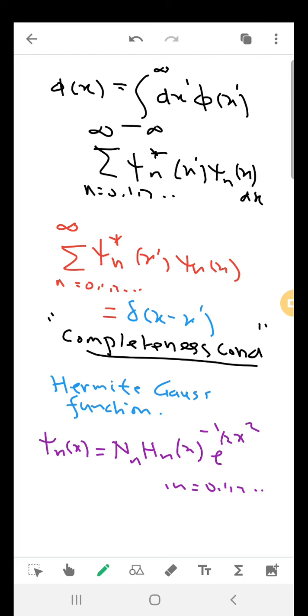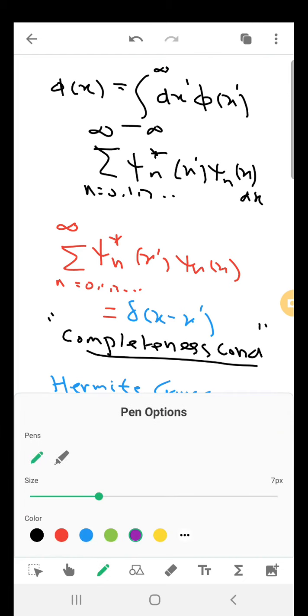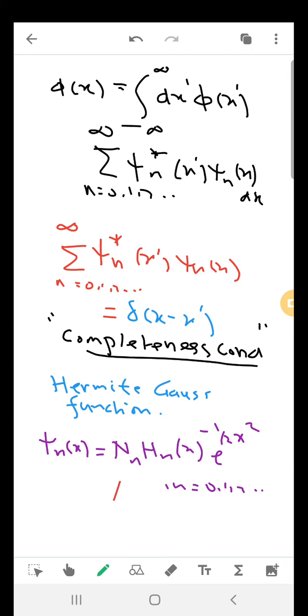It's called the Hermite-Gauss wave function, and here N is equal to 1 by root pi to the power n by 2 to the power n into n factorial.